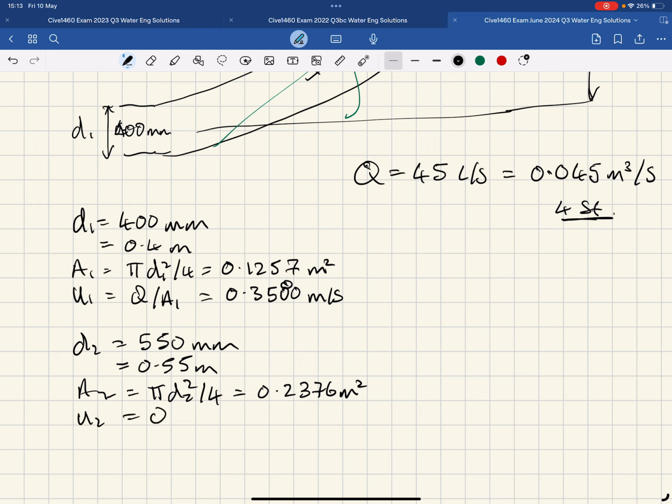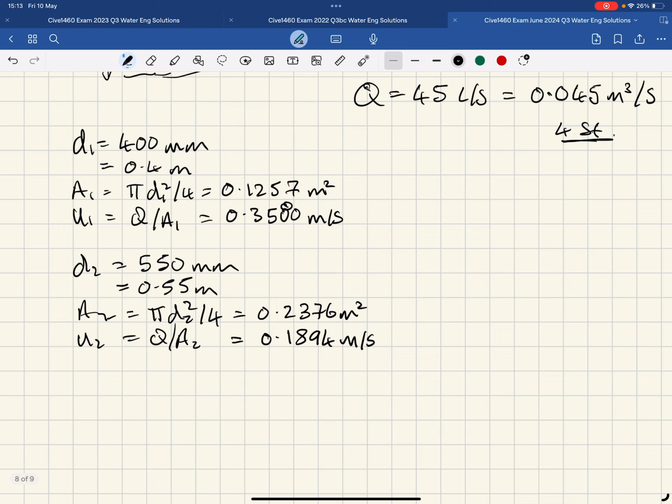U2 is equal to Q over A2, so it should be a bit slower, 0.1894 meters per second. Good. Right, we've got all the fundamental information almost together.